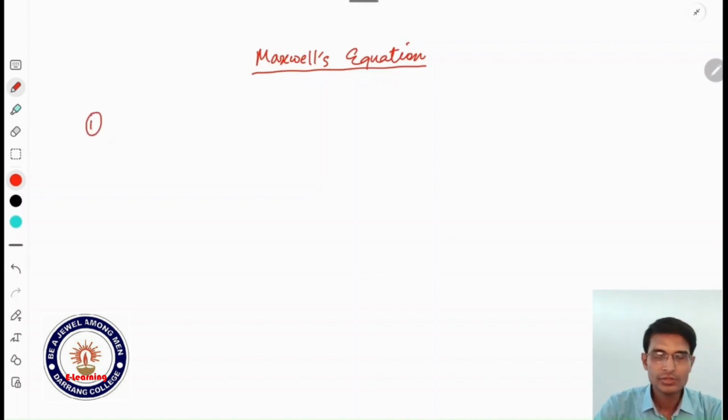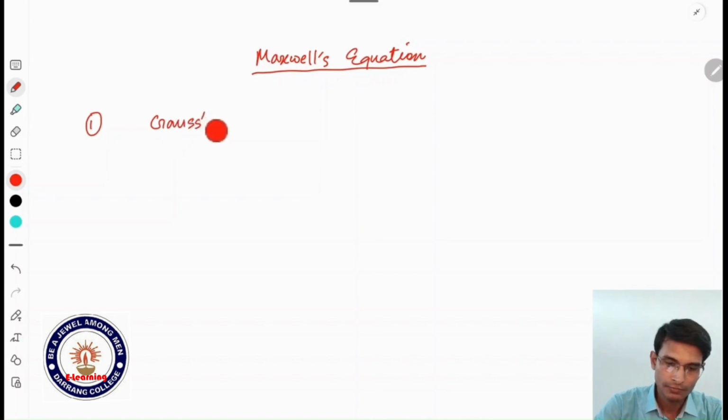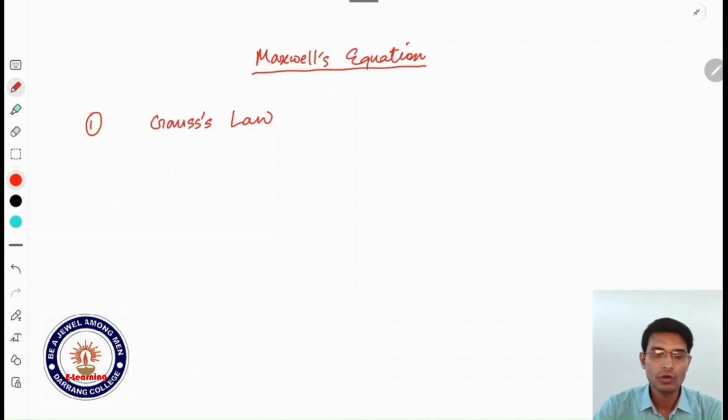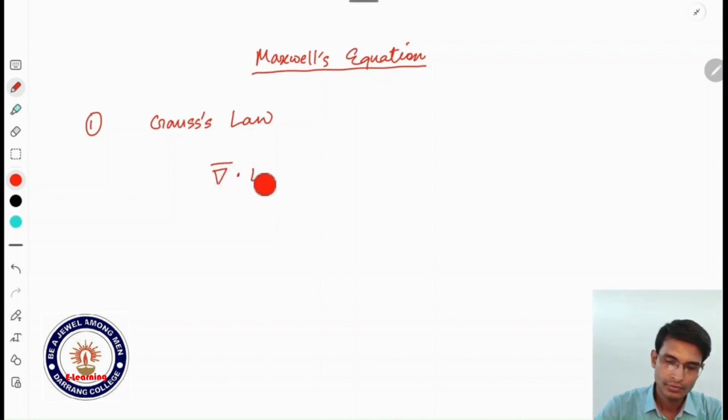So the first Maxwell's equation is Gauss's law, which in the differential form can be written as: divergence of electric field is equal to rho by epsilon naught, where rho is the volume charge density.